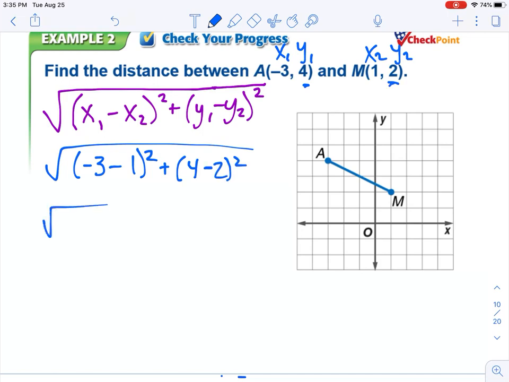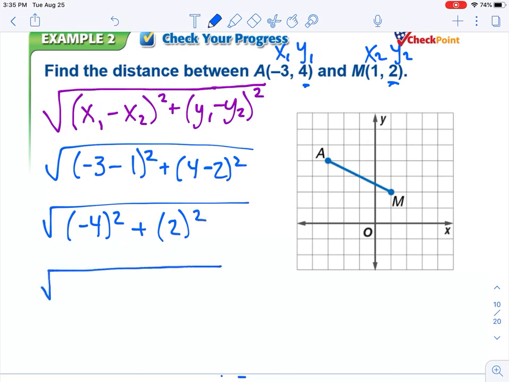Simplify within my parentheses. Negative 4 squared plus 2 squared. Negative 4 times negative 4 is 16. 2 times 2 is 4. 16 plus 4 is 20. And we should probably write units. And that is our distance from A to M.